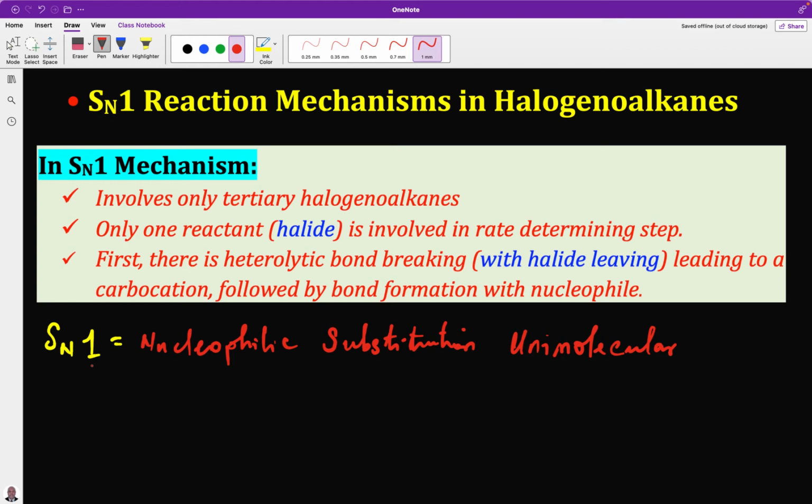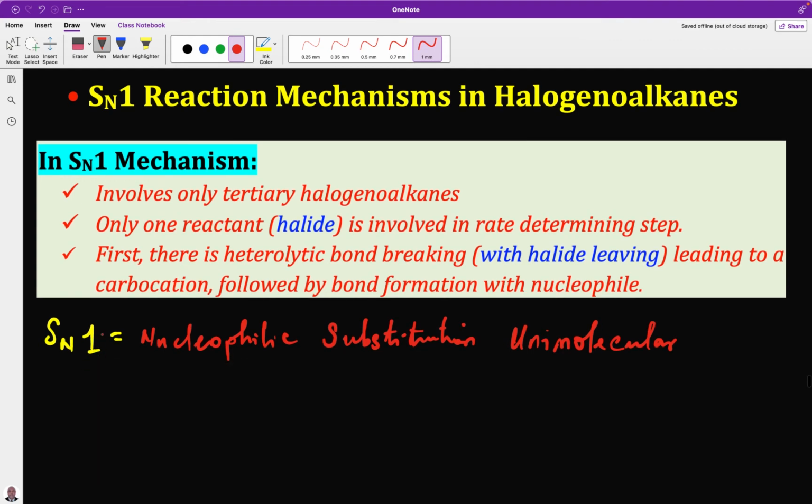So now, SN1. What is SN1? It is nucleophilic substitution unimolecular. And what happens in SN1? What is the type of halogen involved in SN1 mechanism, and how does it happen?